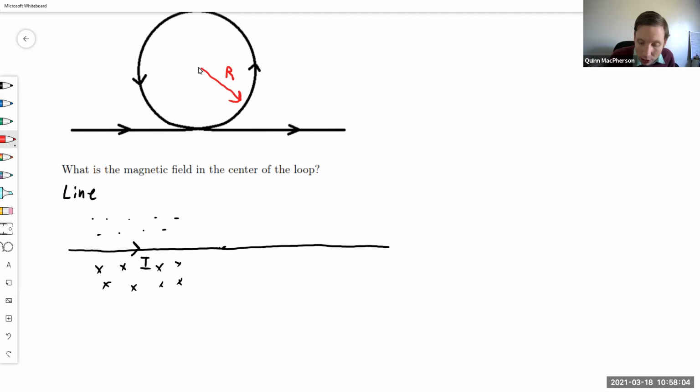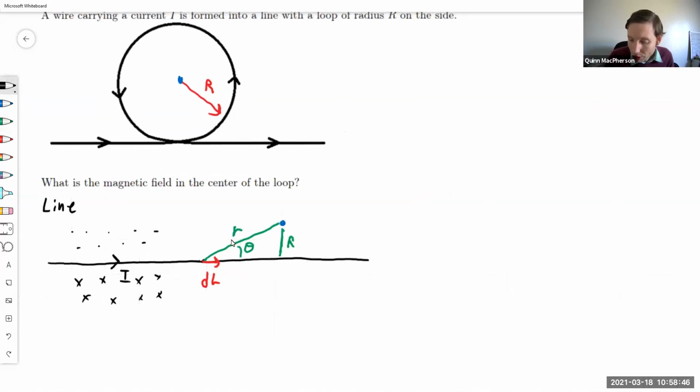What I'm going to do is add up little dLs of current carrying wire and add up their effect on a point. So there's a distance R there, and a distance, we'll call that little r, from my little dL to the point. And this angle here, we shall call theta.